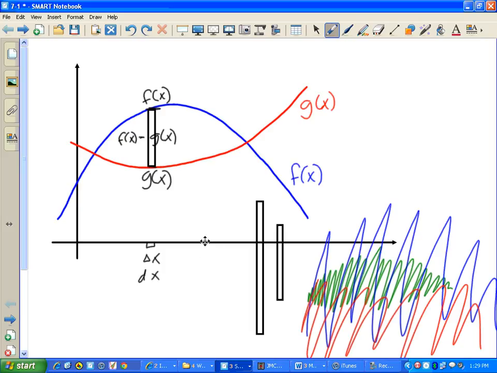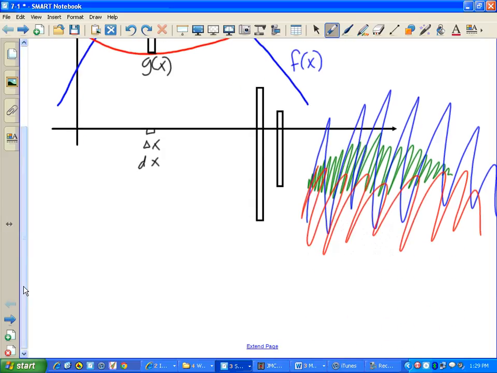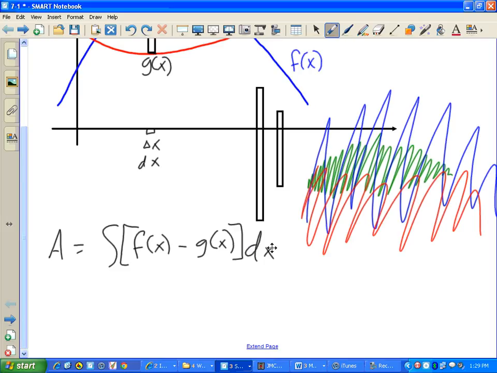So that means the area between two curves is the integral of the top curve minus the bottom curve, because that's our height, times the width, or dx.